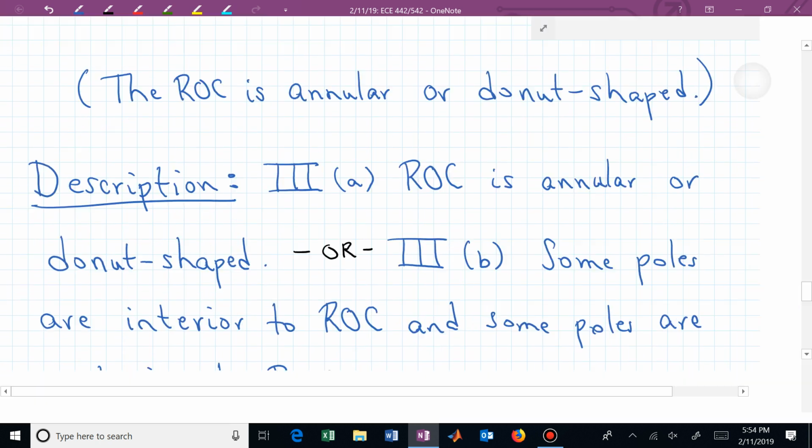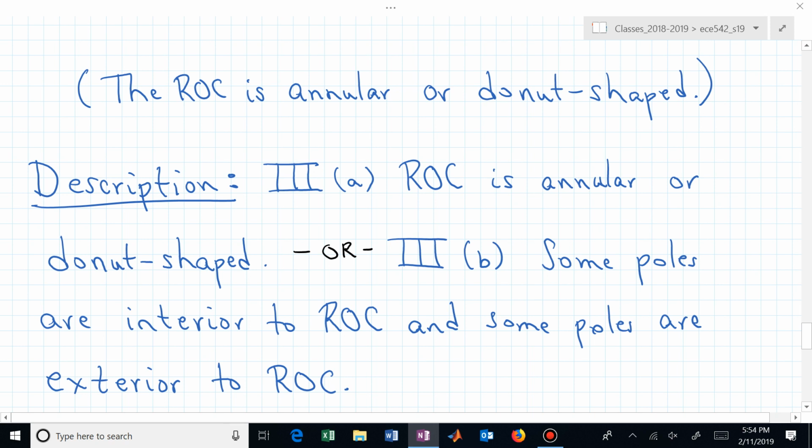And here are my attempts at describing that. The region of convergence is a donut, or annular, where some poles are interior to the region of convergence and some poles are exterior to the region of convergence.